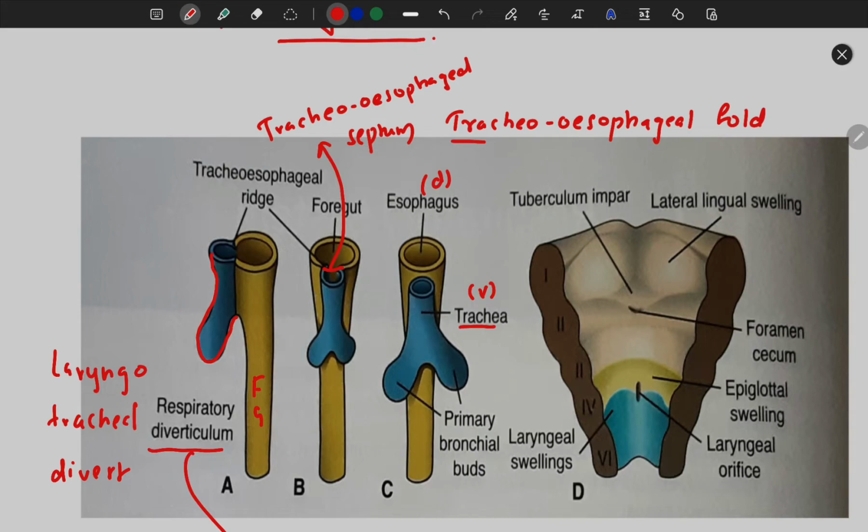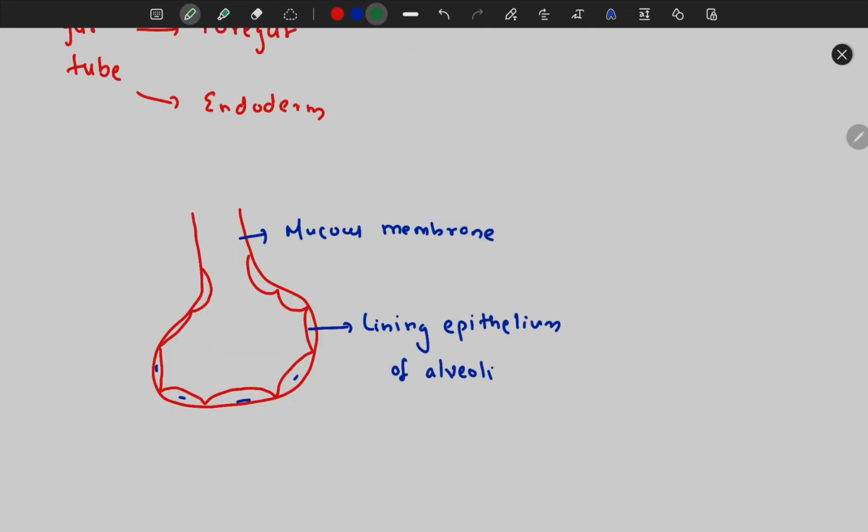Now we can see what are the derivatives of the laryngotracheal tube. So the mucous membrane and the lining epithelium of the alveoli are actually derived from endoderm because they are a derivative of the laryngotracheal diverticulum, which is a derivative of the foregut tube.